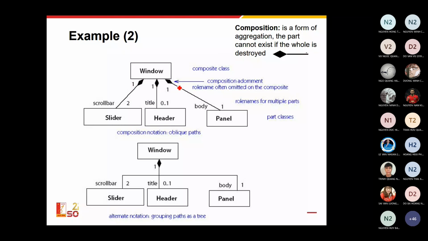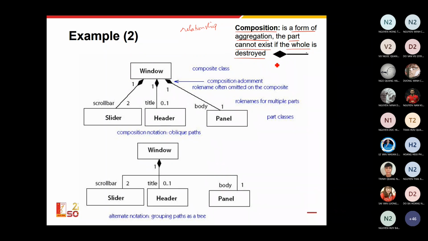And when we fill in this rhombus with a dark color like this, you make it the composition relationship. Yeah, and this is one form of the aggregation, but the part cannot exist if the whole is destroyed.